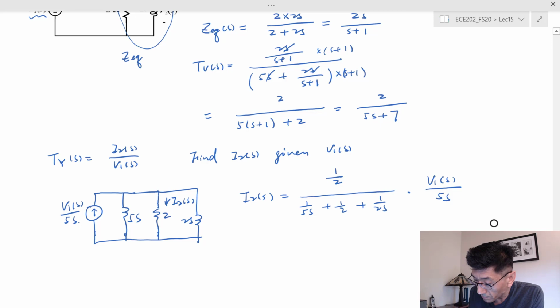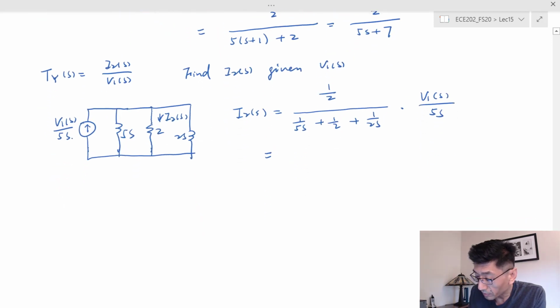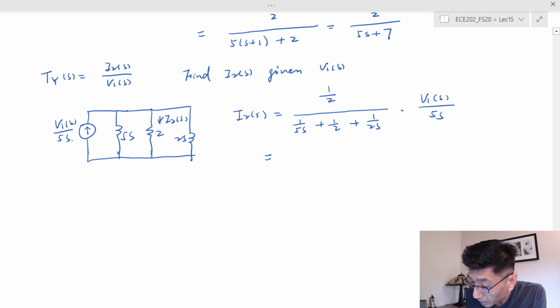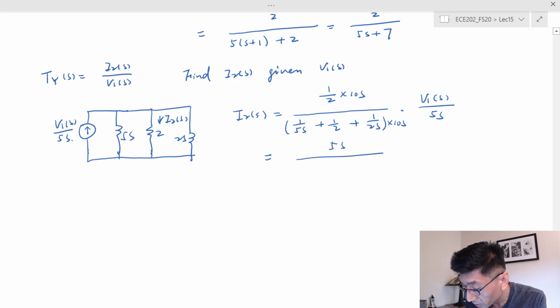So let's see the 5s. If I multiply by 5s, or maybe we should multiply by 10s first. So I multiply by 10s. In this case, I got a 5s on the numerator. I got 10s, so I got a 2 plus 5s, right? Plus 5 times the V1 divided by 5s.